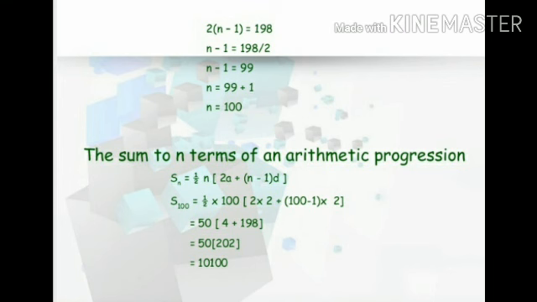So now we add 198 plus 4, which equals 202. Now we multiply 202 into 50, then the answer is 10,100. It is the sum of the given arithmetic progression.